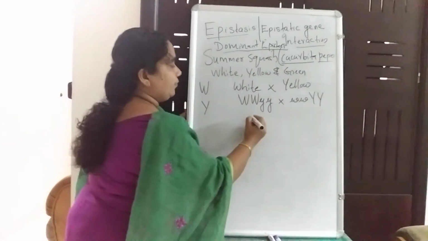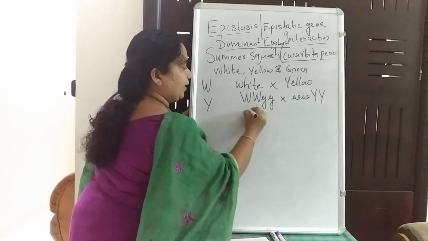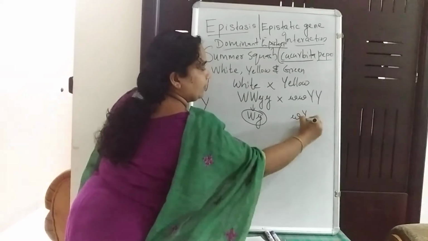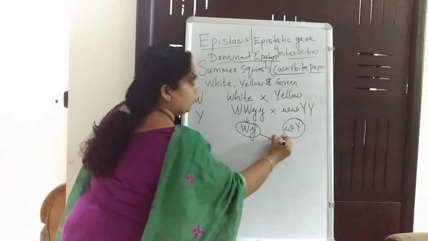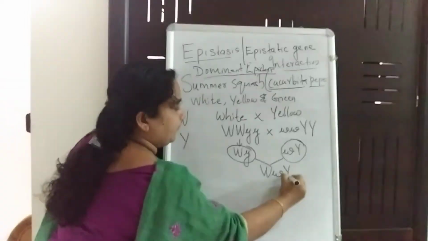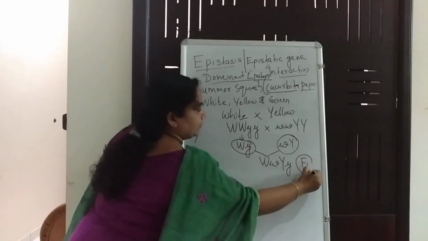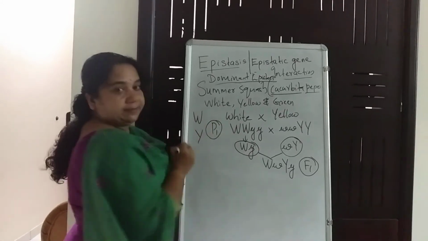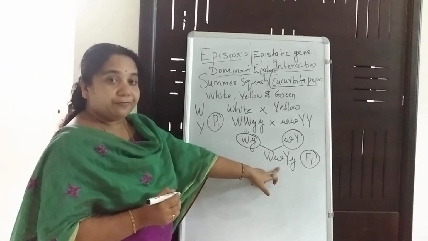So here we get capital W, small y as the gamete, and here we get small w, capital Y as the gamete. When they fuse, we get capital W, small w, capital Y, small y. This is the F1. This is the P1, parent. What is the phenotype of this F1?